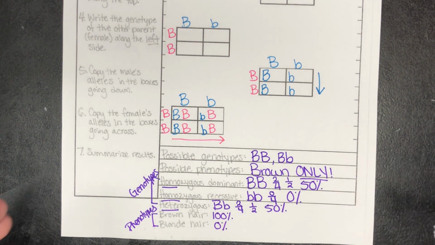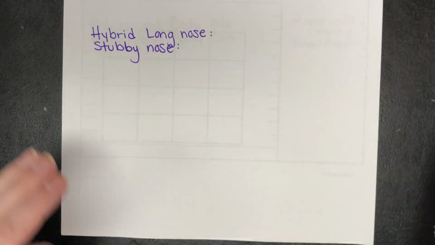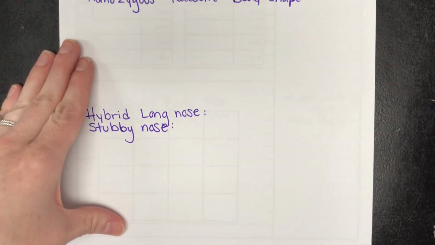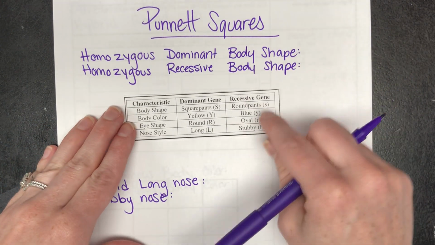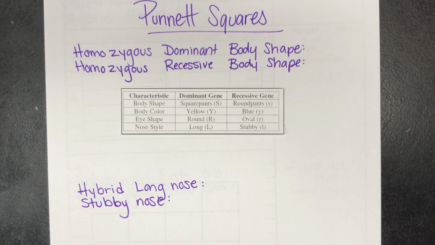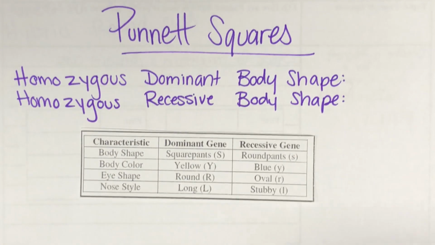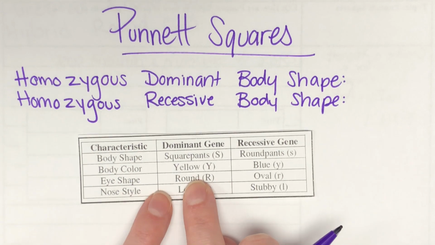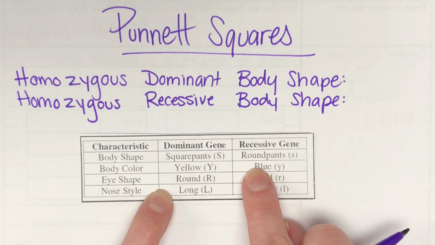So now we're going to do a couple examples of this to help us through it, okay? So here is where you might want to pause the video in order to try this on your own. So I'm going to be using these SpongeBob genetics genotypes and phenotypes for these examples.